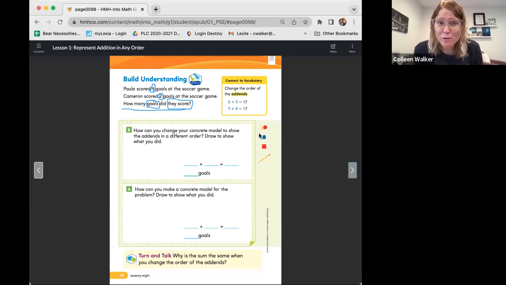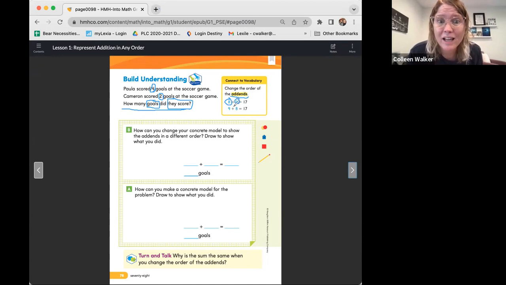Now, before we move on, I think it's important we understand the vocabulary word addends. So, boys and girls, do you know what that word means? Addends are the numbers that you're adding together in an addition problem. So for example, in 8 plus 9 equals 17, the addends are 8 and 9.